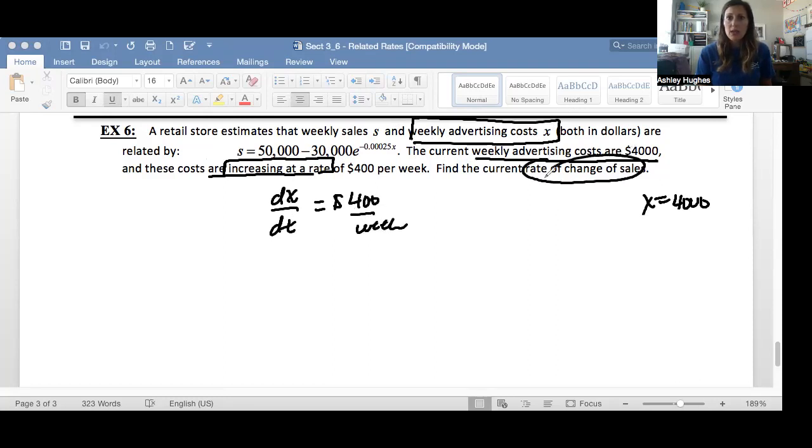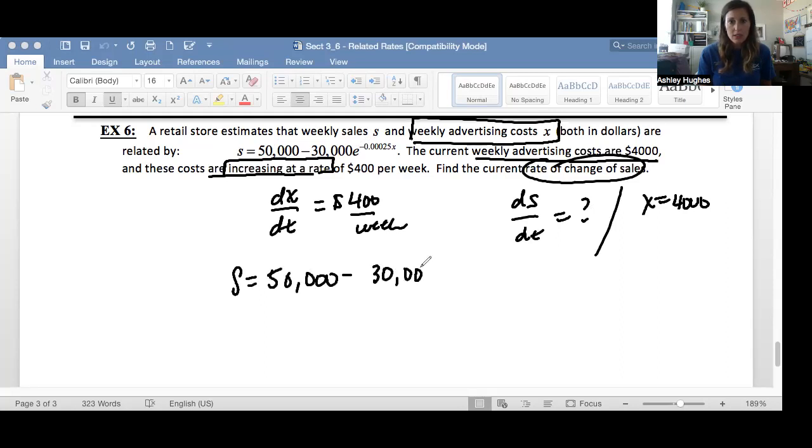Now we're looking for the rate of change of sales. So basically, we just have to take the derivative of this function they gave us. The derivative of this is just 0 minus 30,000 e to the negative 0.00025x.